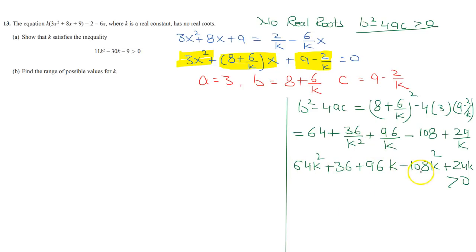So 64k square minus 108. So 64 minus 108 will be minus 44k square.